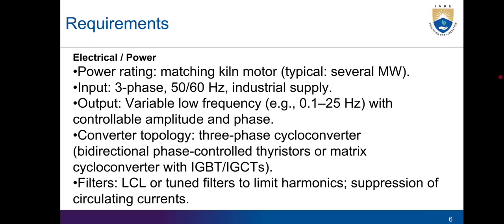Requirements: electrical power rating matching the kiln motor, typically several megawatts. Input: 3-phase 50 or 60 Hz industrial supply. Output: variable low frequency with controllable amplitude and phase.